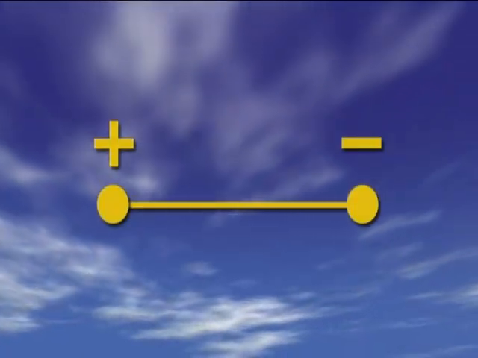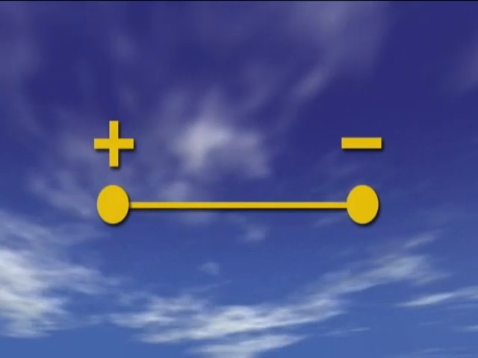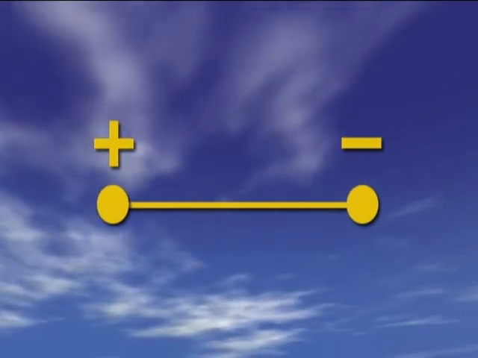This camera in front of me is working thanks to a difference. In this case, the difference is electrical. It is connected to an outlet where there is a positive pole and a negative pole. There is a difference in potential, electrical potential in this case, that generates the movement of the motor of the camera.